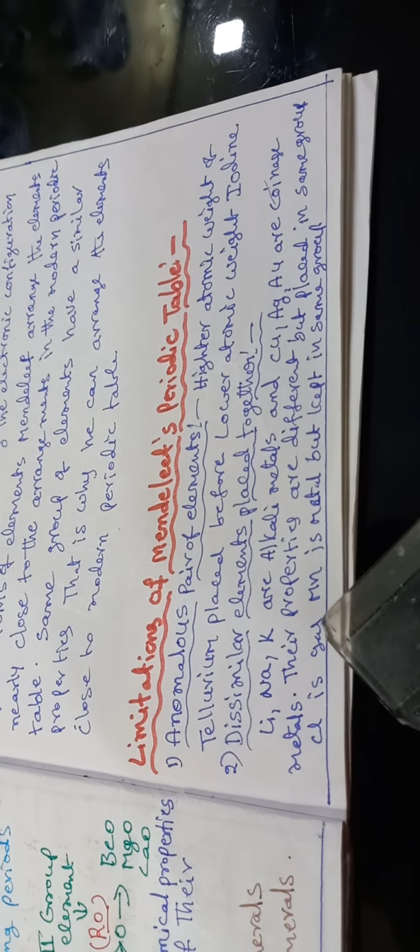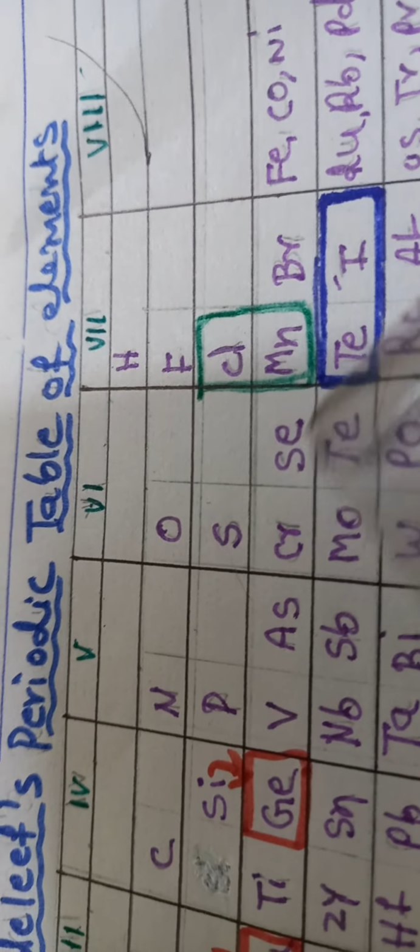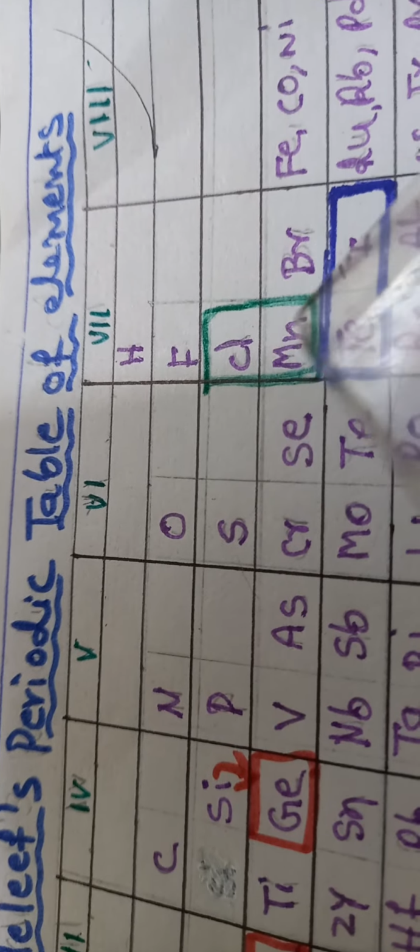Chlorine is a gas, manganese is a metal, but they are kept in the same group. So here we can see chlorine, manganese. Chlorine is a gas, manganese is a metal, but Mendeleev kept these two elements in the same group.